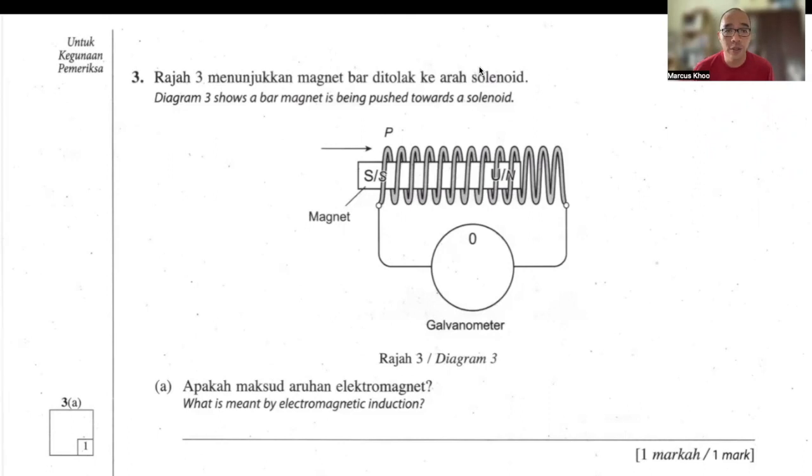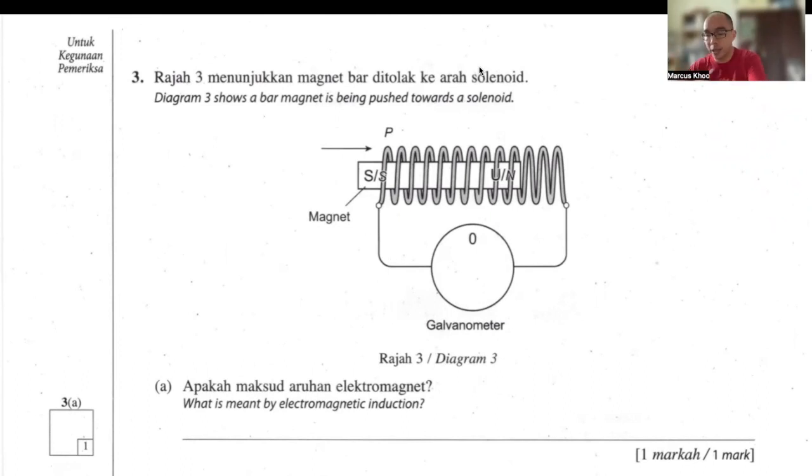So diagram 3 shows a bar magnet that is being pushed towards a solenoid. Okay, and notice that it's already inside and it continues to push in. So this is a slightly different situation than what we're used to. Okay, so what is meant by electromagnetic induction?